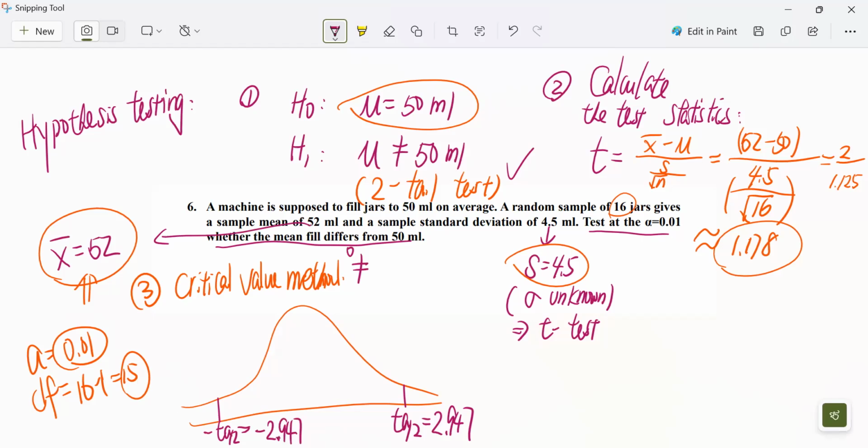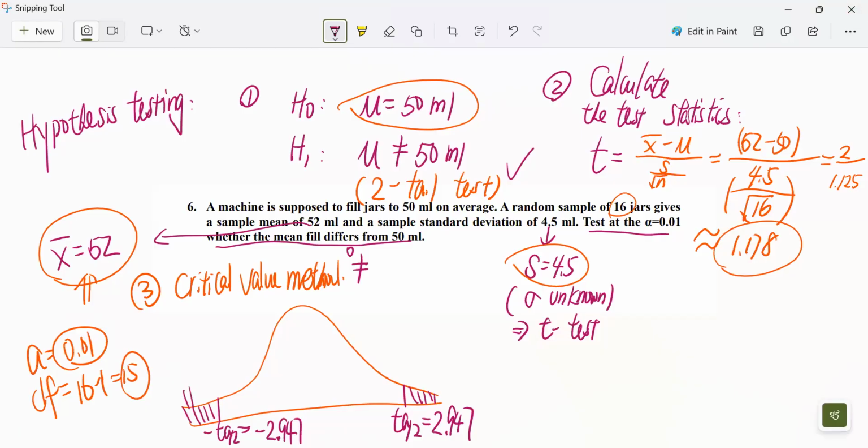Both tails are what we call the rejection region. When the t-score is beyond 2.947 standard deviations, or below minus 2.947 standard deviations, we consider those extreme values, and we reject H0.